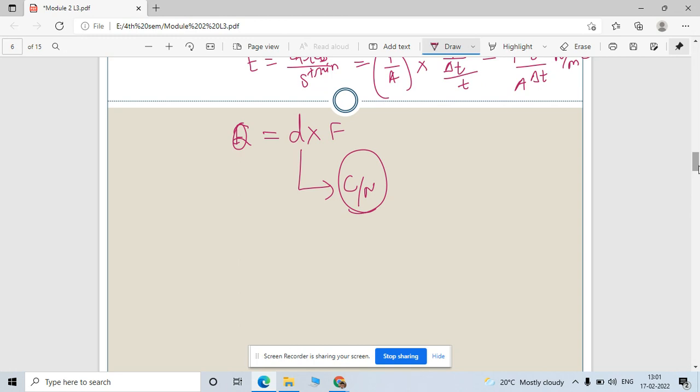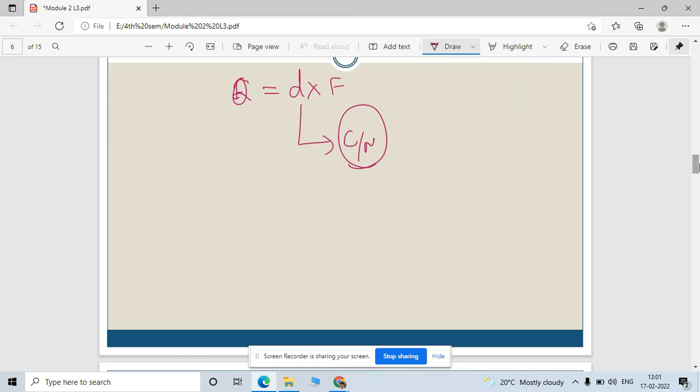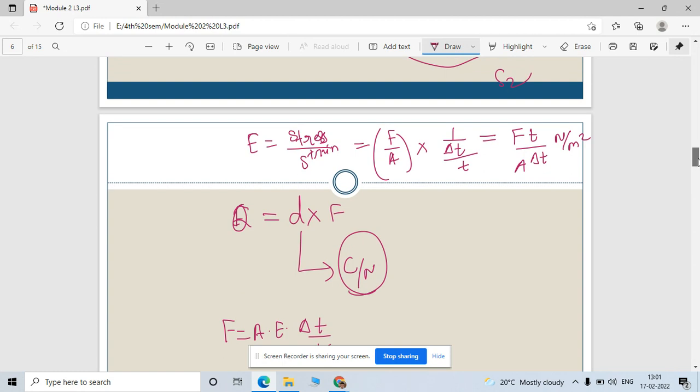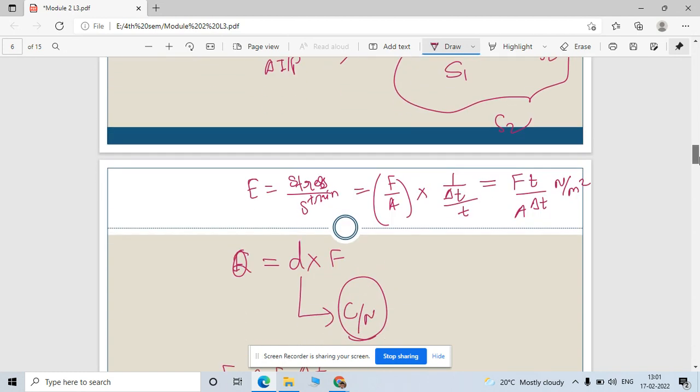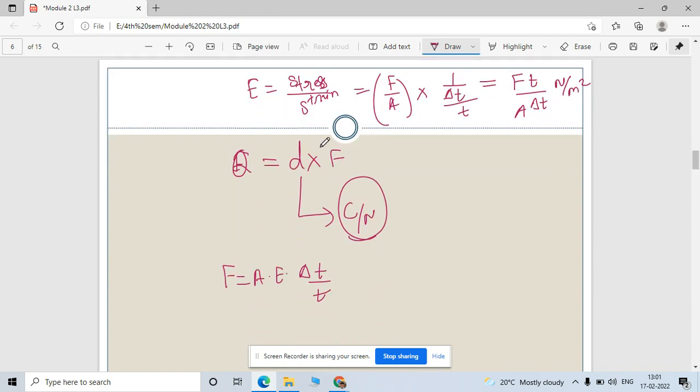And in the same way for this force, you can rewrite that equation. F is nothing but A into E, which is del t by t. Actually this thing comes from this.